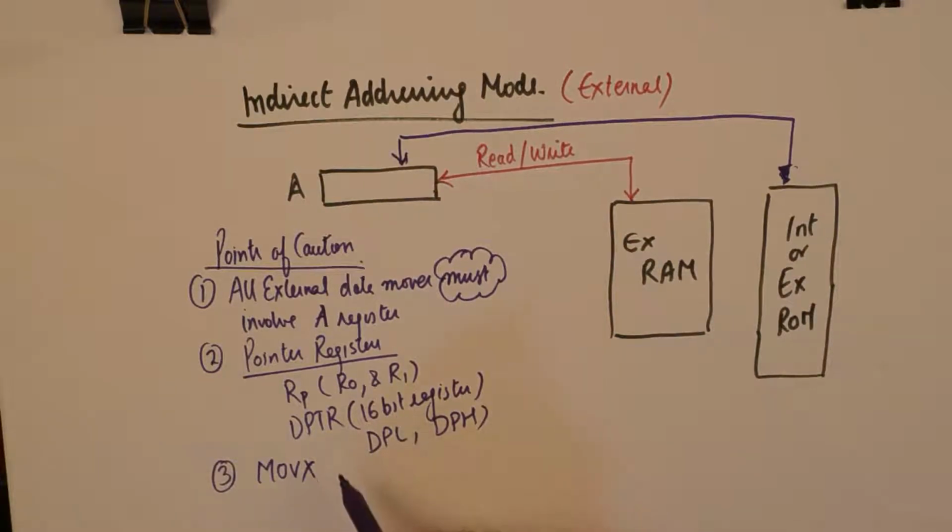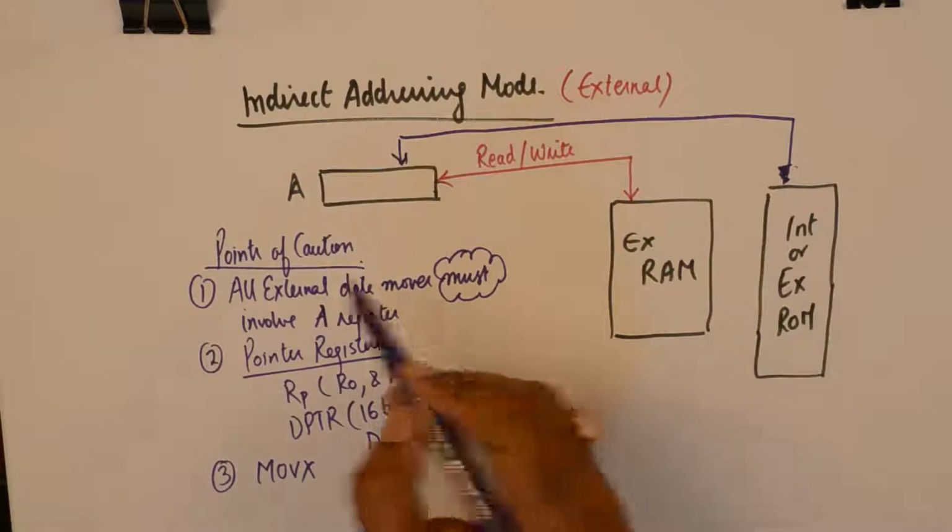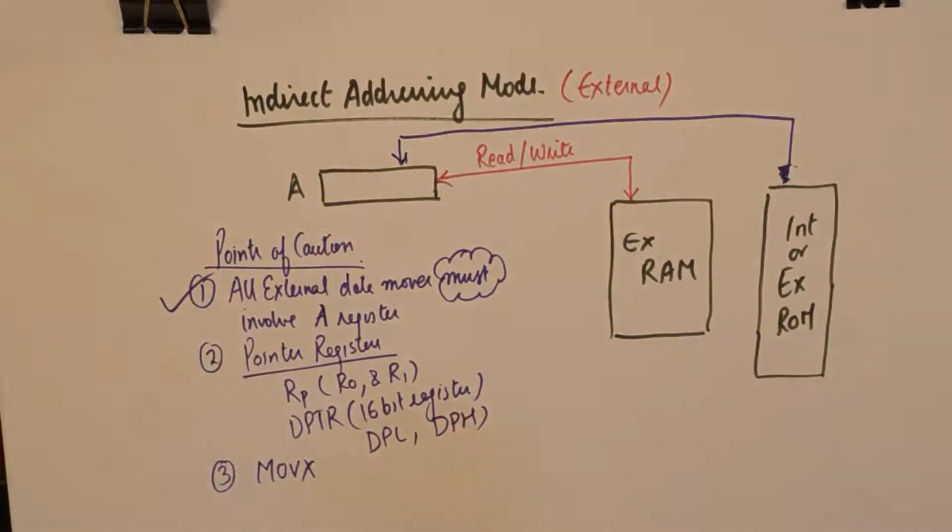In case of reading, the destination will be accumulator, and in case of writing, the source will be accumulator, which is pretty understandable from the first point.